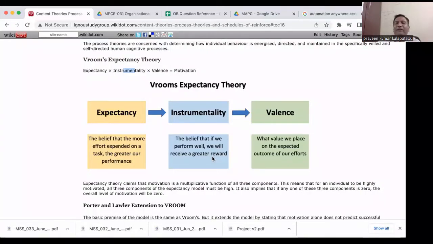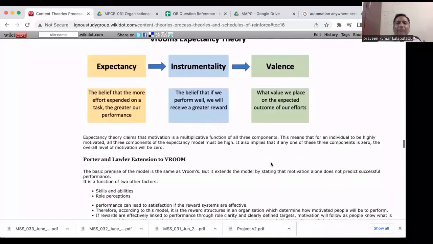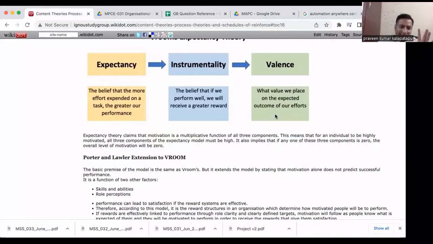Then also my motivation will go down, right? Each factor is a multiplicative factor to the end motivation. Are you getting my point? All three components are required and they multiply. If one component becomes zero, then your entire motivation becomes zero. That is Vroom's expectancy theory.